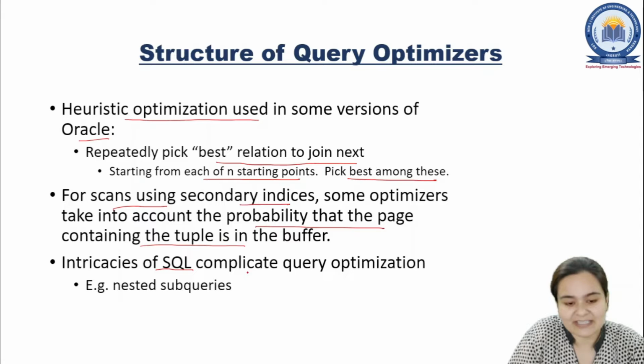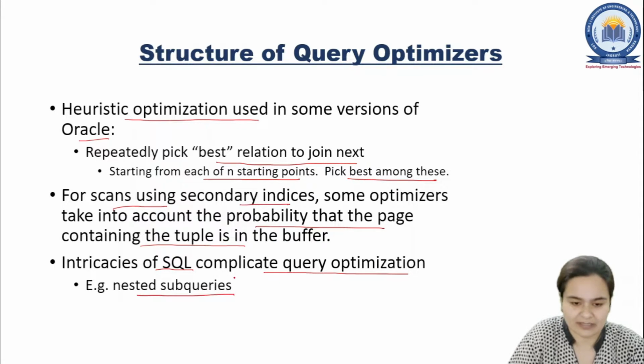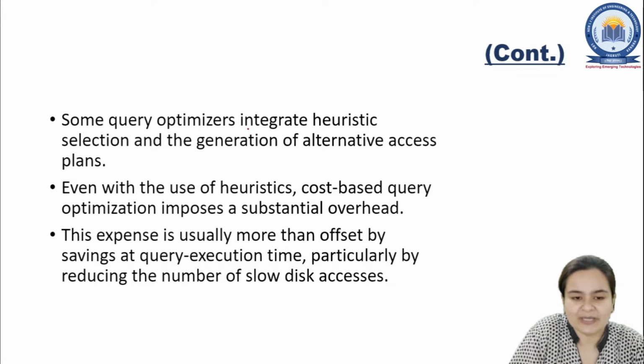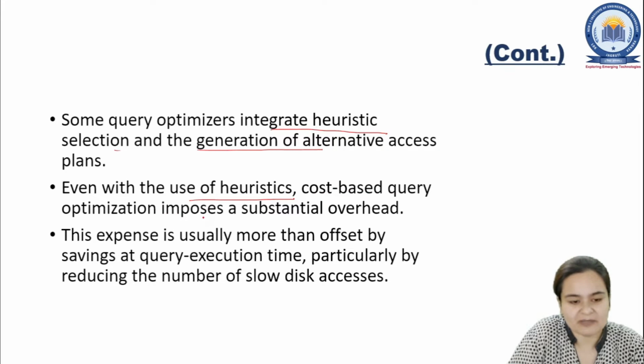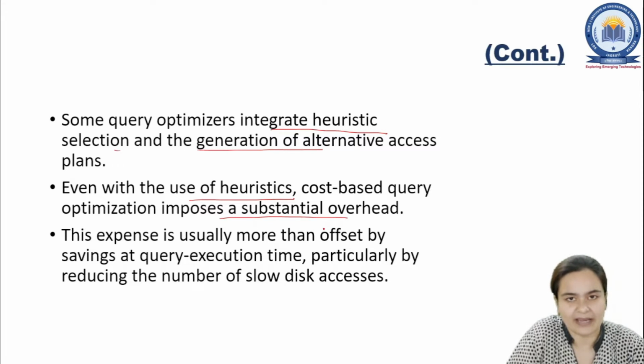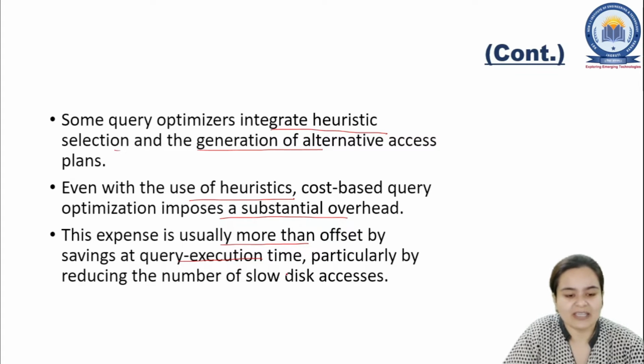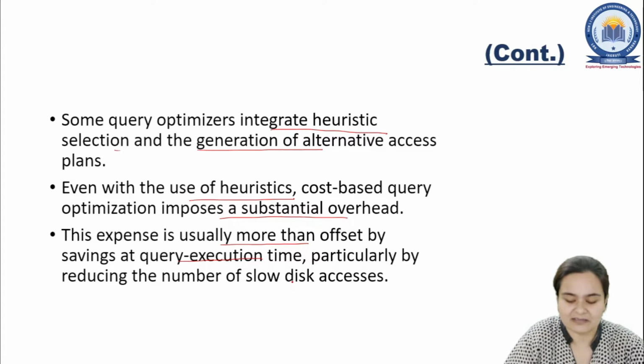The intricacies of SQL, such as nested subqueries, complicate query optimization. Some query optimizers integrate heuristic selection and the generation of alternative access plans. Even though we use heuristic optimization, cost-based query optimization imposes a substantial overhead, but this is usually more than offset by savings in query execution time, particularly when we are reducing the number of slow disk accesses.